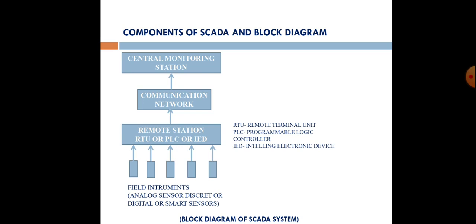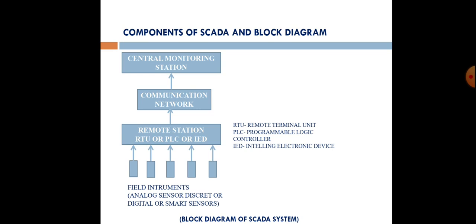Network is employed in a large system. Human machine interface, HMI, is employed in the central monitoring station. This is the software application of the PC on the CMS with the help of which graphical representation is made on the operator's PC. It also includes the functionality of control, alarm, data history, etc.